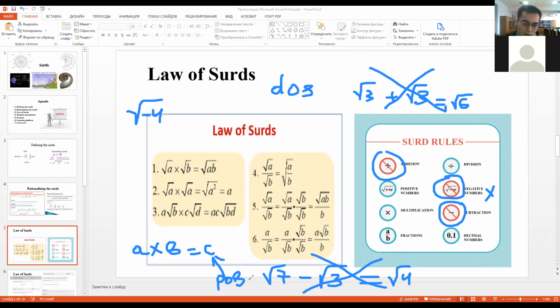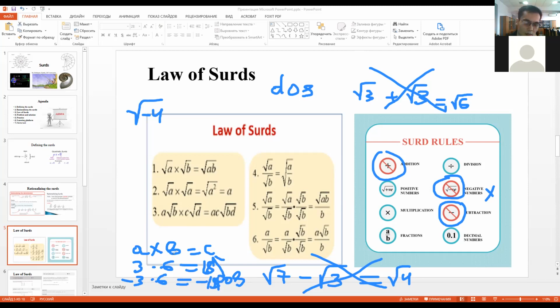For example, let's see the combination. 3 multiply 6 is 18. But for example, minus 3 multiply 6 is minus 18.